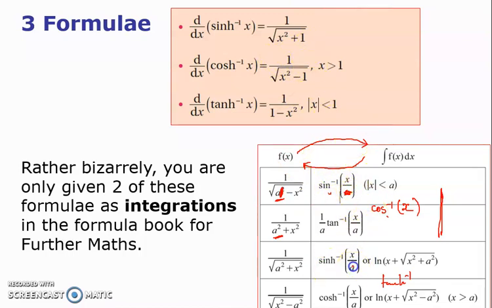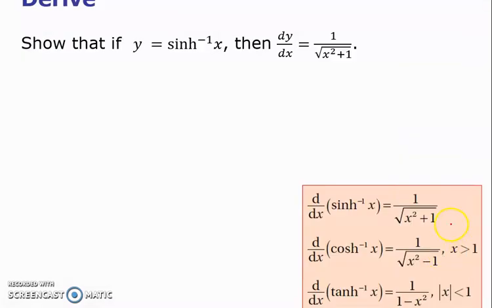Let's do the equivalent here then. Inverse sine, think of that as 1. That's a 1 plus x squared, and that's the formula. Now, it's not very nice. Ignore the log bit for a moment, but the rest of it is not very nice. And also it's not very nice because they don't tell me 2 of the answers. So there you go, you're going to have to learn it.